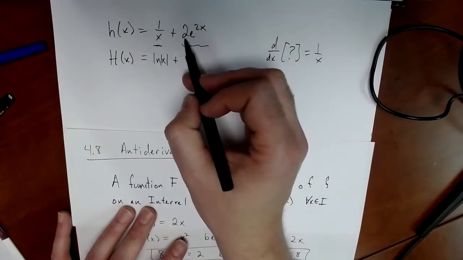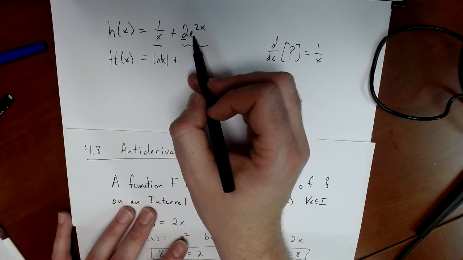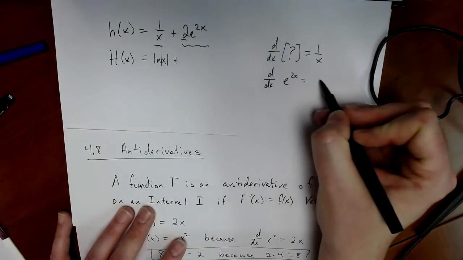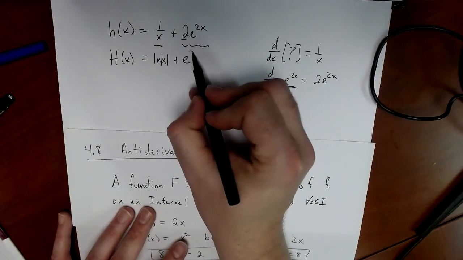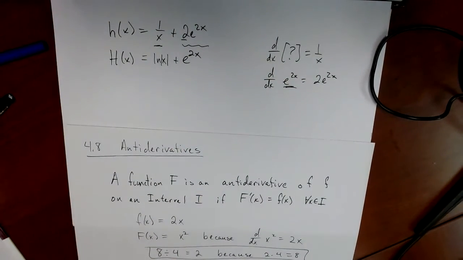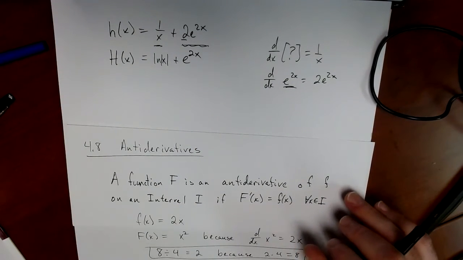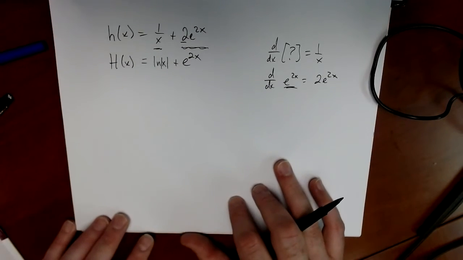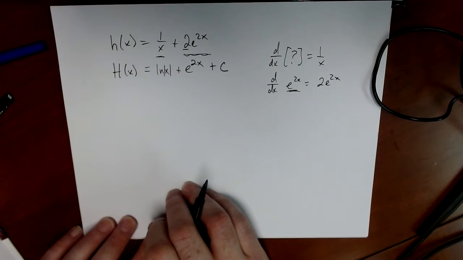Plus, you see I've got that 2 out front there. Normally that's going to pass right through, but the derivative with respect to x of e to the 2x would have been 2e to the 2x. So this will be my antiderivative, e to the 2x. You just got to think about, well, what would I have had to take the derivative of to get this? And if I want it to be the most general antiderivative, then I just add a c at the end.